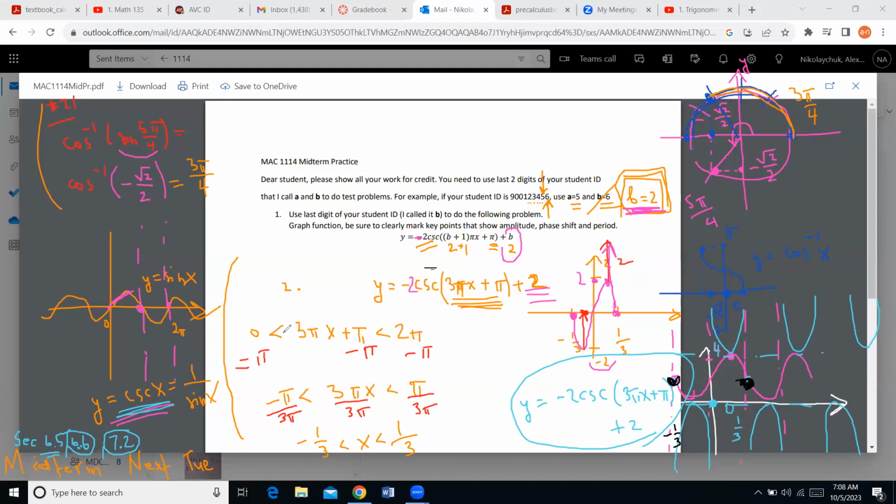So the two problems is what we're going to have on the midterm that I will email you next week on Tuesday. So you will get it in your student email so you can work it out without any rush.